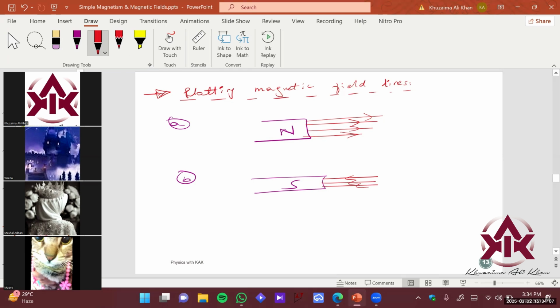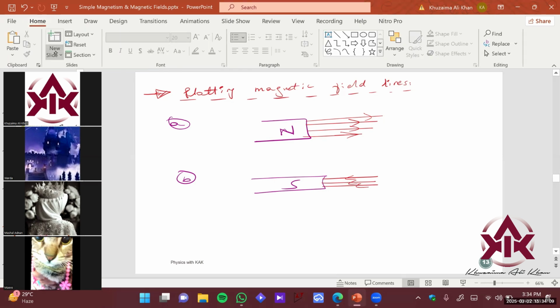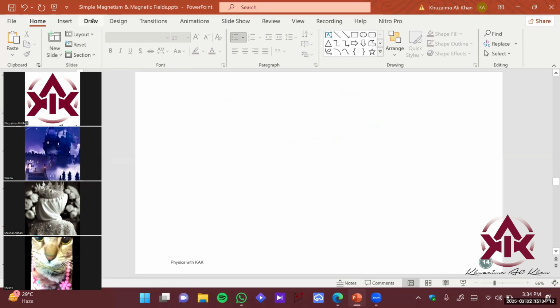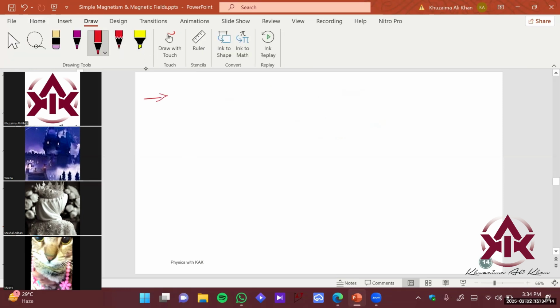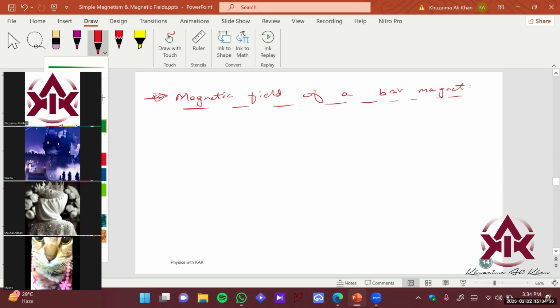right? Now, let's plot the magnetic field lines of a bar magnet. So you have a magnet here, right? Let me just choose this.